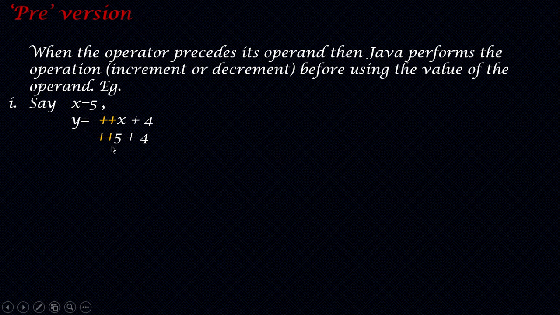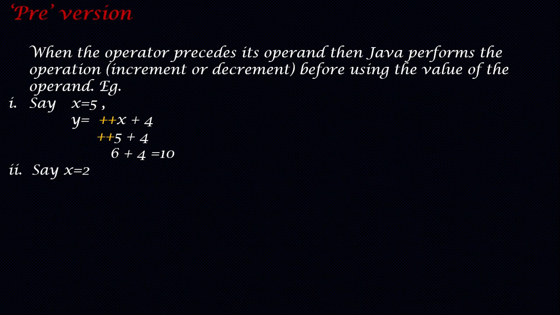On the value 5, the pre-increment operation is done first, then it is added with 4. So before utilizing the value of the variable x, its value is increased. From 5, the value is increased to 6 and then added up with 4 to get the result as 10, which is stored in y.